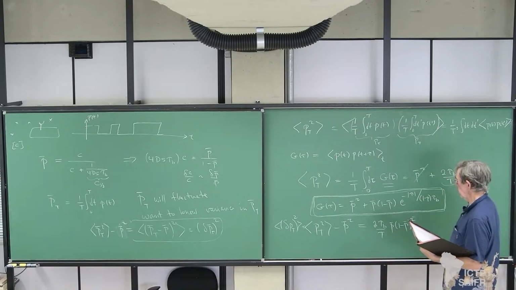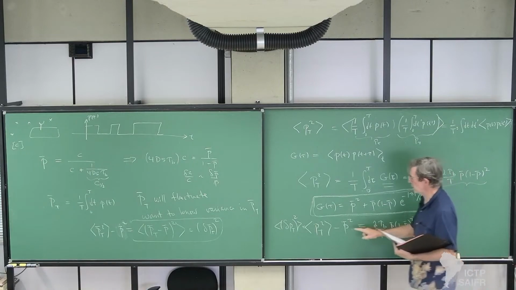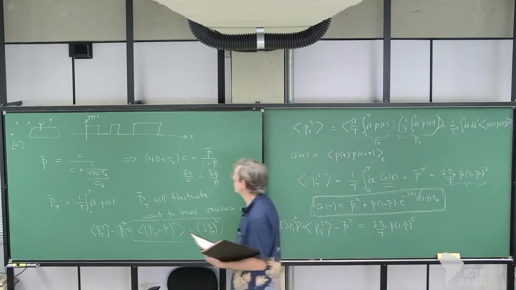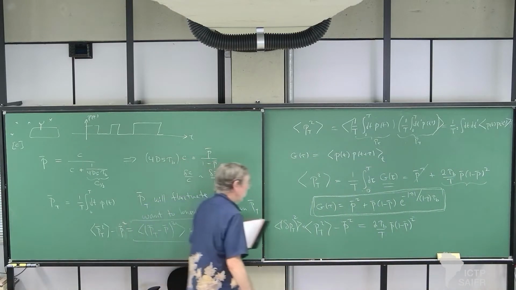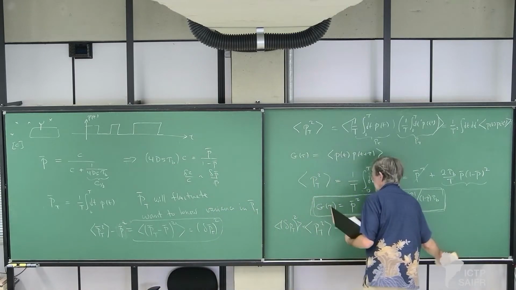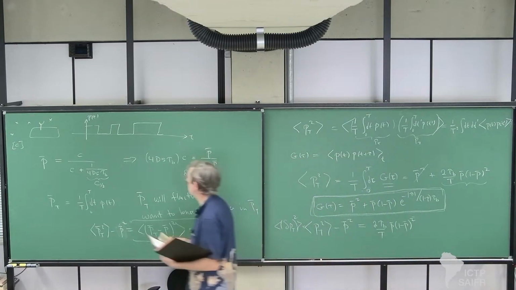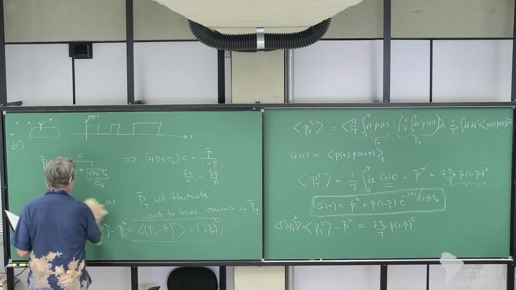Okay, so fine. So now I know what this delta p squared thing is. What good does that do me? Well, I have a formula. So here we go, average.